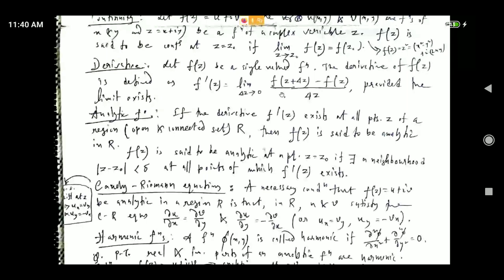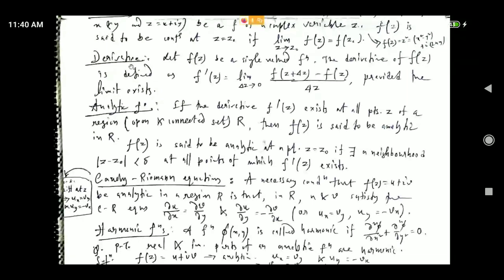So for the derivative, a function being differentiable at a point and analytic at a point is slightly different. A complex function whose derivative exists at a point is differentiable there.